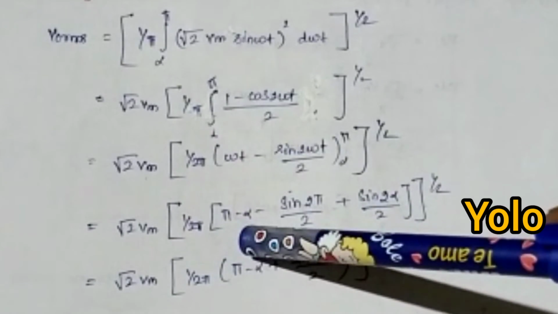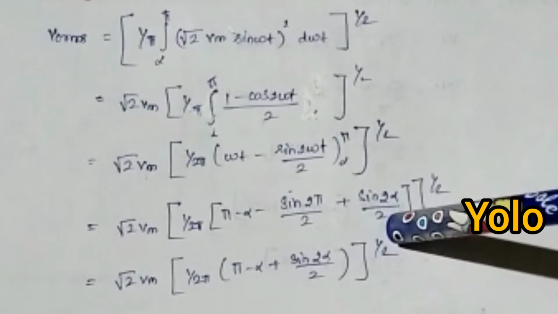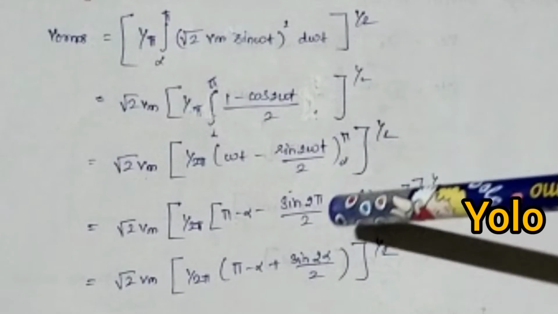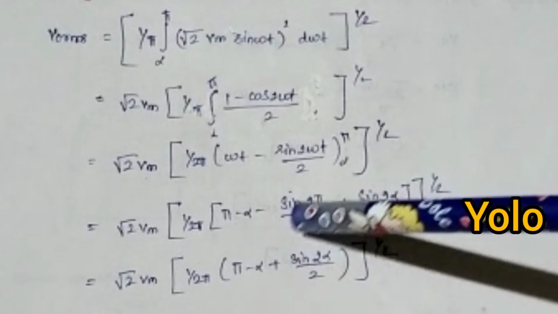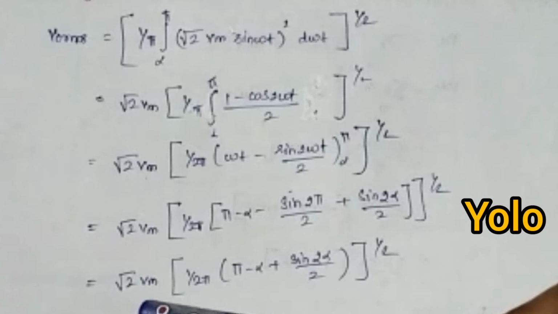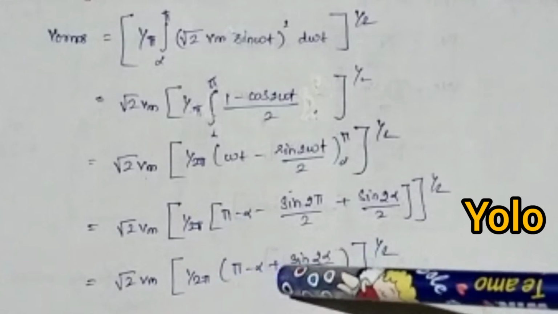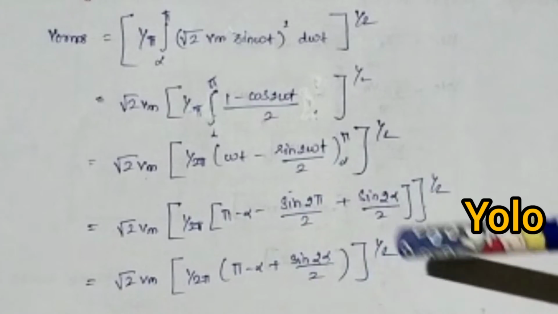So (pi minus alpha) minus sin 2 pi divided by 2 plus sin 2 alpha divided by 2, to the power 1 by 2. So sin 2 pi value equal to 0, so we can eliminate this term. Next step, root 2 Vm times 1 by 2 pi into (pi minus alpha plus sin 2 alpha divided by 2), to the power 1 by 2.